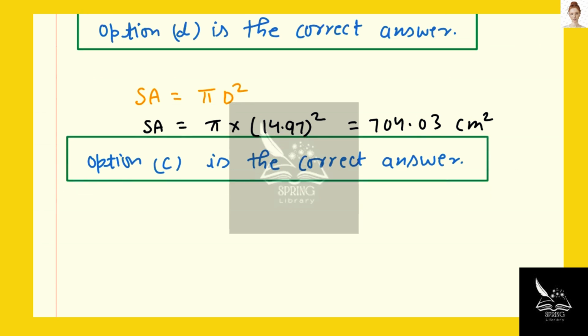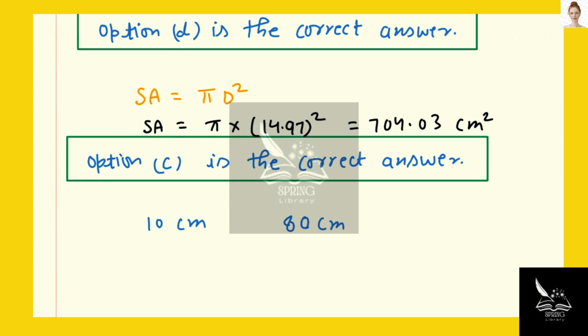And in this problem we have a right prism whose base is equilateral triangle shaped, and the edge of this equilateral triangle is 10 centimeter. The height of this right prism is 80 centimeters.